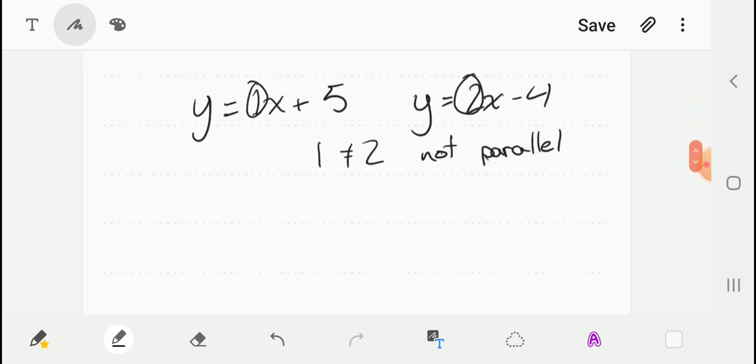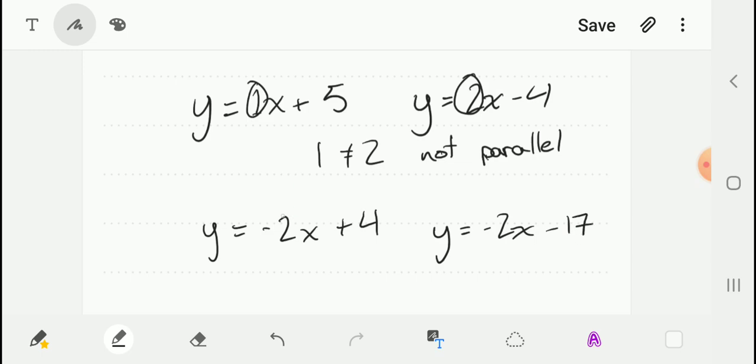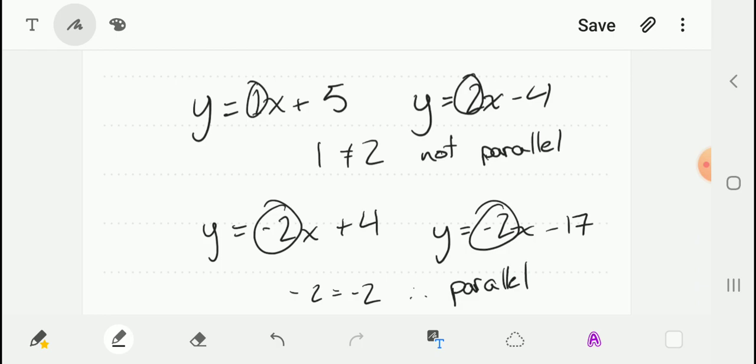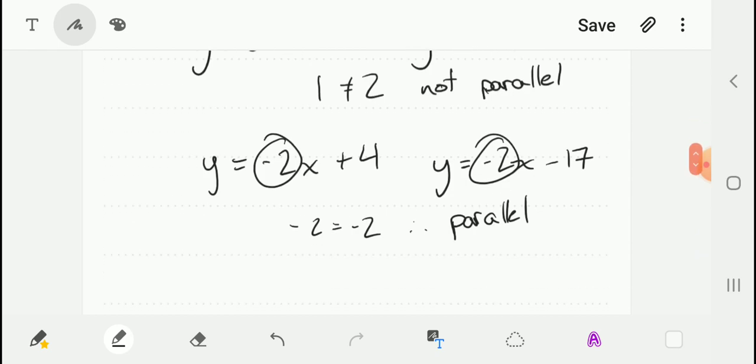Whereas if I gave you y equals negative 2x plus 4 and y equals negative 2x minus 17, again you look at the m value: negative 2 equals negative 2, therefore parallel. So that's parallel lines, much more straightforward. Then let's talk about perpendicular.